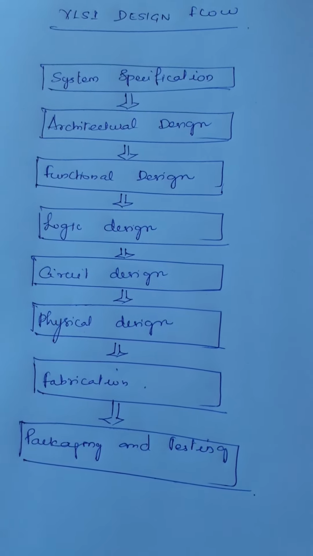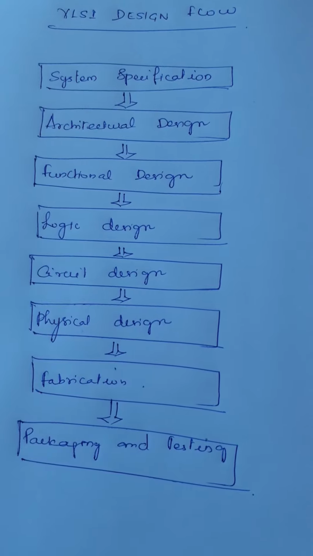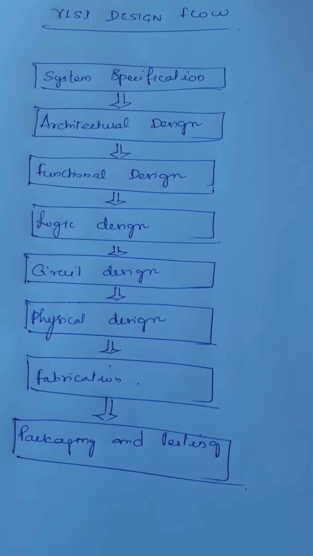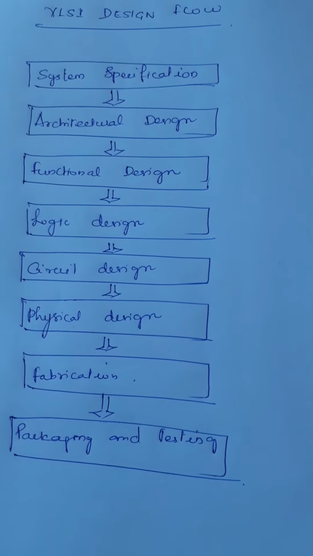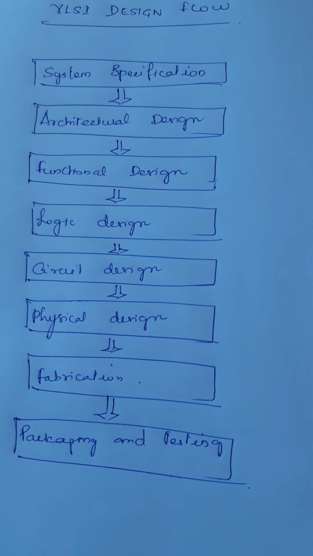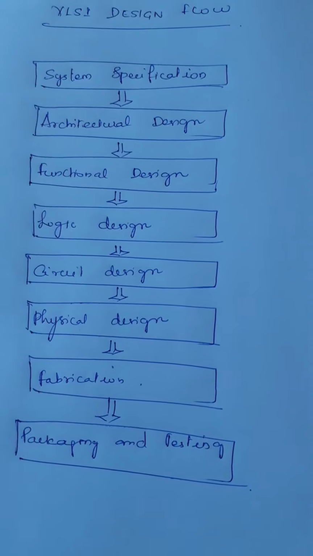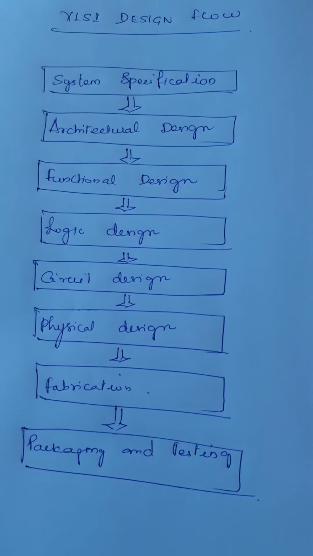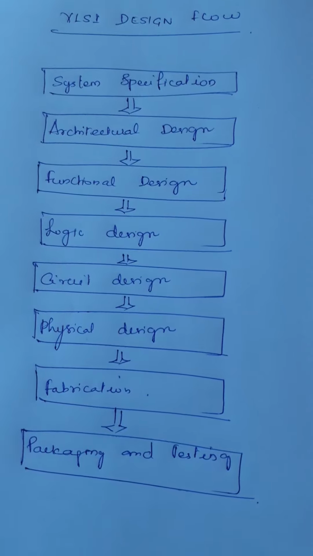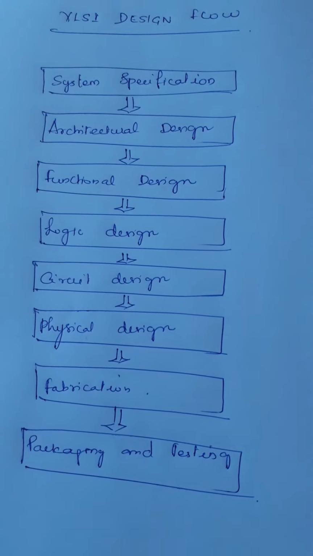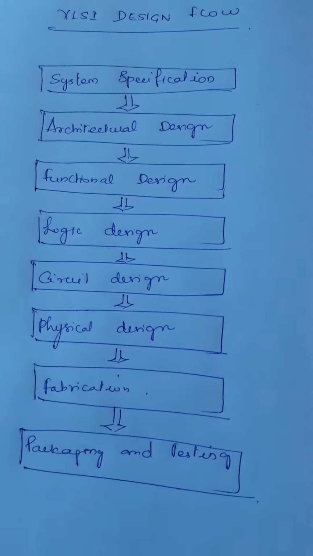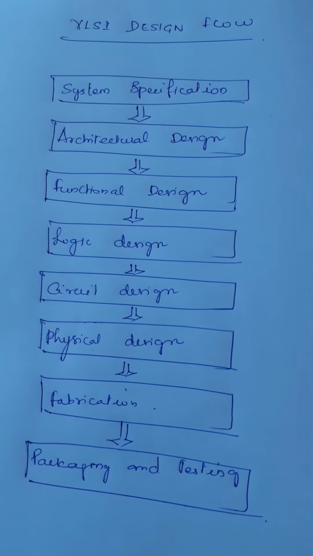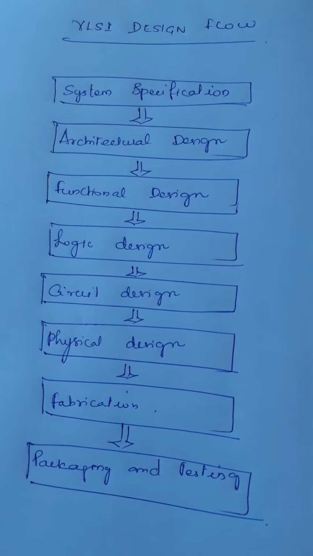So based on the customer requirement, first we have a system specification. Then we go for an architectural design. The basic architecture of the system is designed in this step. This includes such decisions as RISC, that is reduced instruction set computer, versus CISC, the complex instruction set computer, the number of ALUs, floating point units, the number and structure of pipelines, and size of caches, among others.